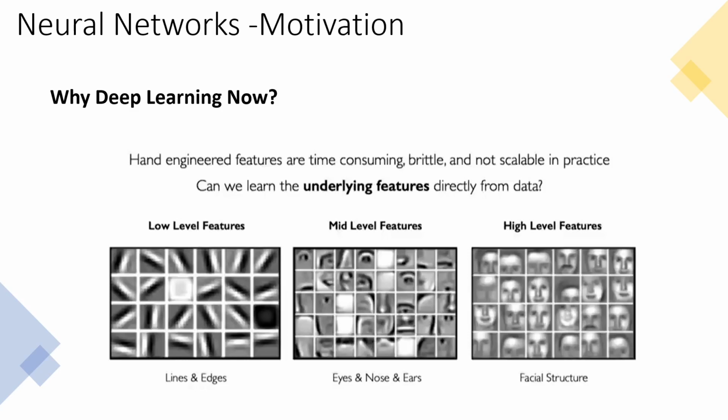Assume that we will be doing face recognition, okay? And then we created a neural network. And somehow, by feeding a lot of face images to this network, our network creates first some low-level features, and then it combines these low-level features to mid-level features, and then it combines these mid-level features to high-level features.